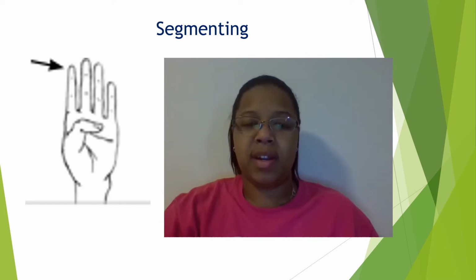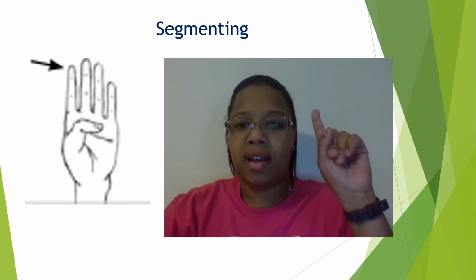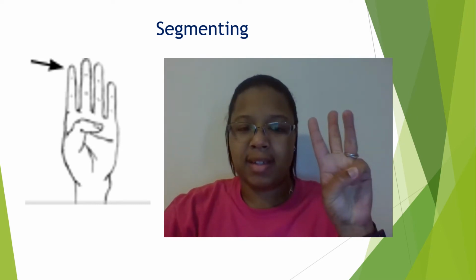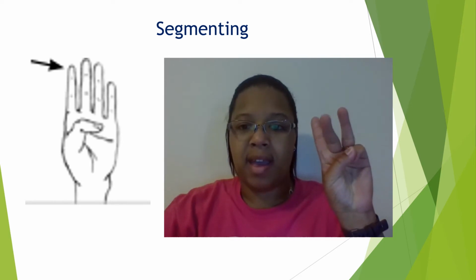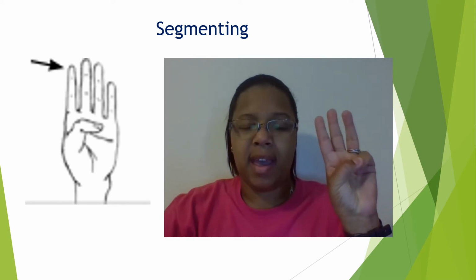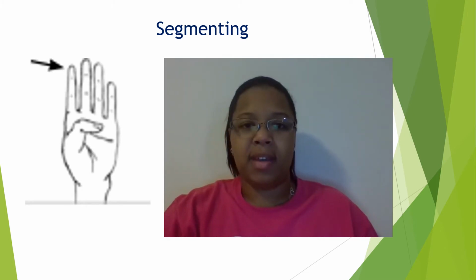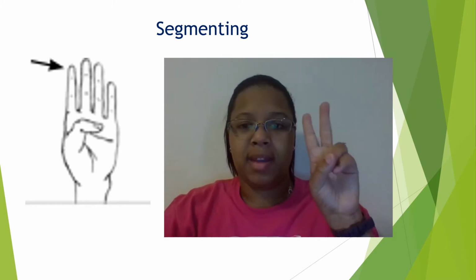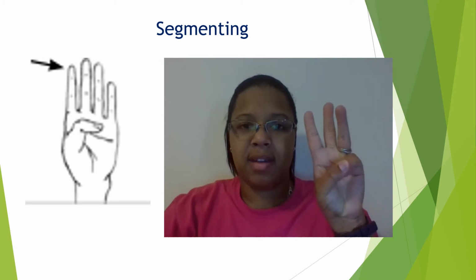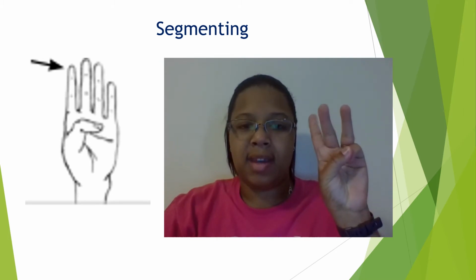Our first word is head. Say head. Head has three sounds. H, e, d, head. The next word is beak. B, e, k, b, e, k.